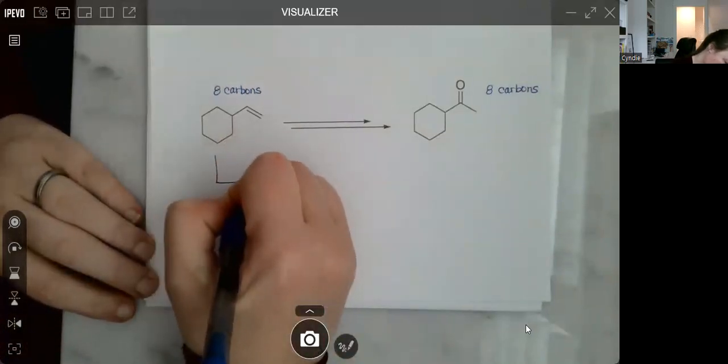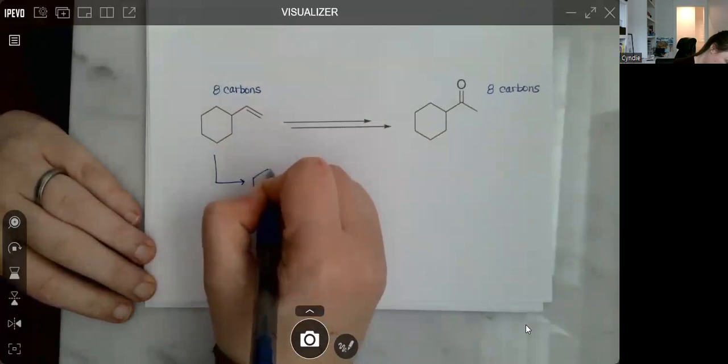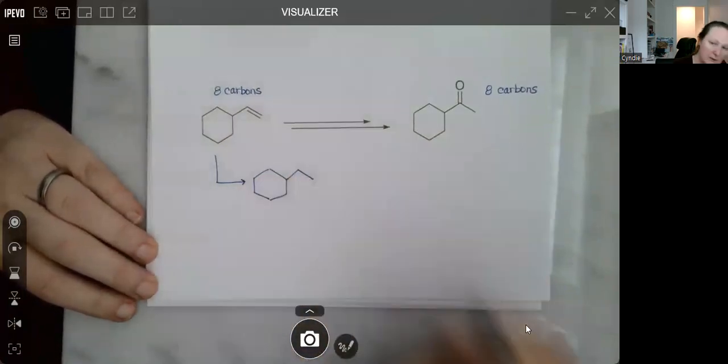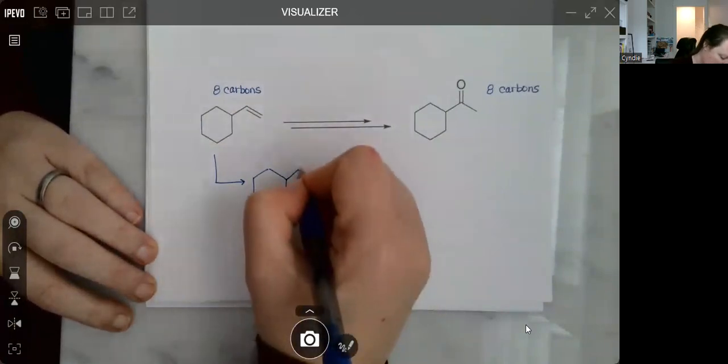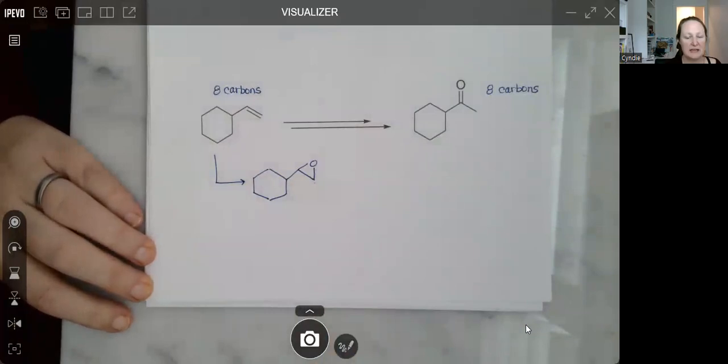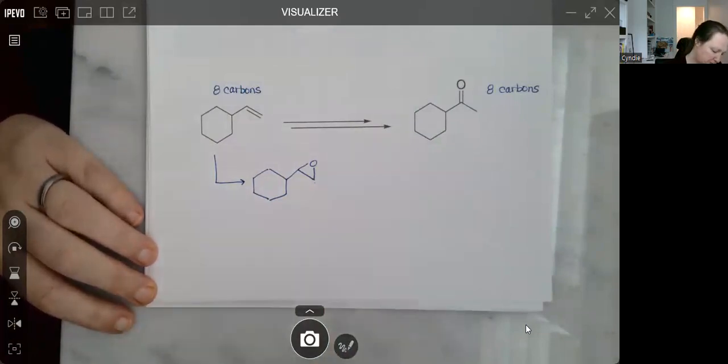So that is one method, right? LAH reacts with epoxide, so that was a good clue to think about making this epoxide. And you always want to think about how is it related to alcohols or ethers, epoxides, because that's really what we're trying to test on here.